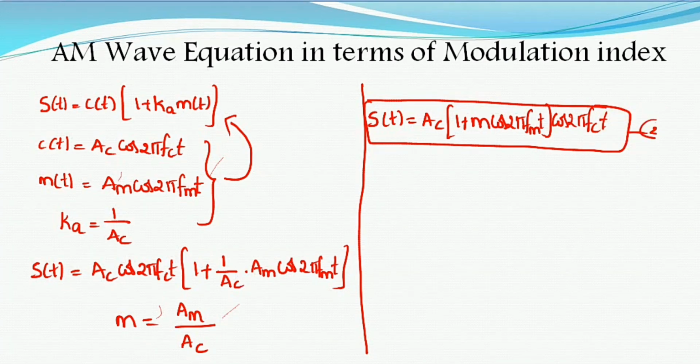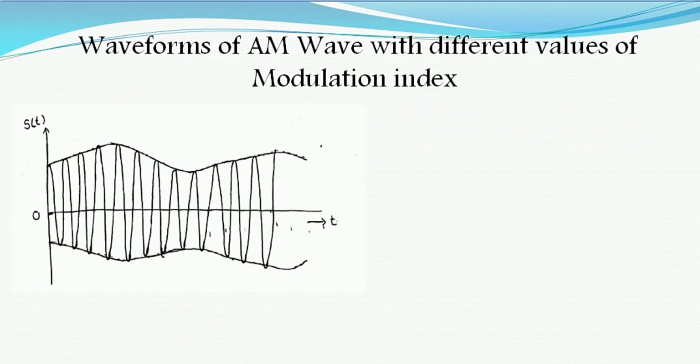Now we are going to see how the AM waveforms will look for different values of modulation index. Okay, so let us see, this is the waveform. This waveform will appear when the modulation index value is less than unity. We call this an under modulation AM wave.